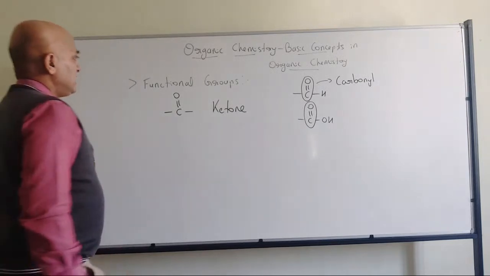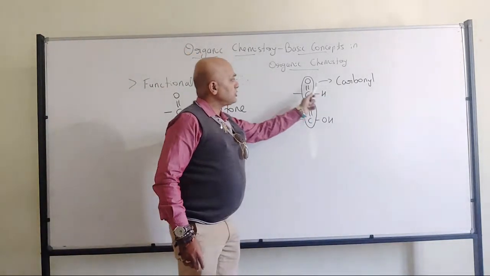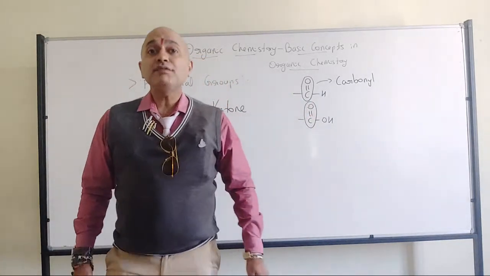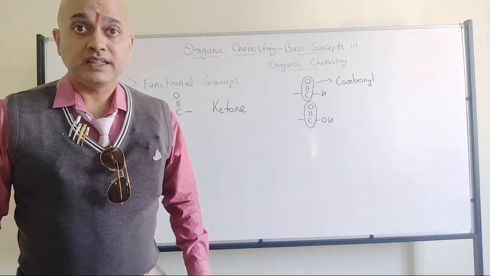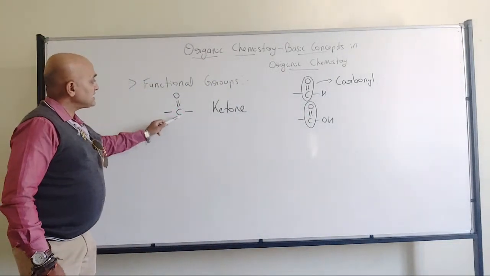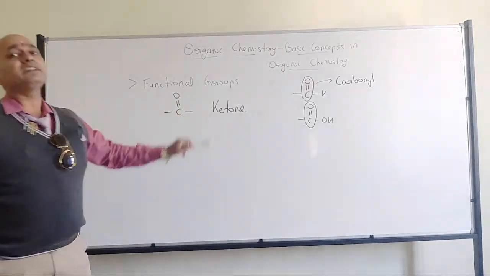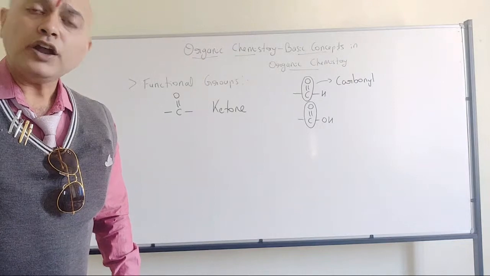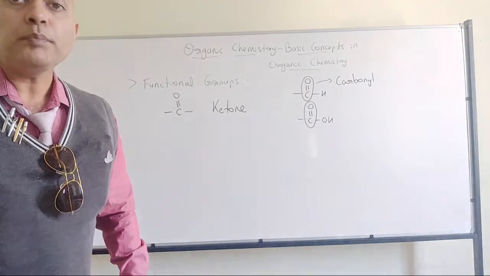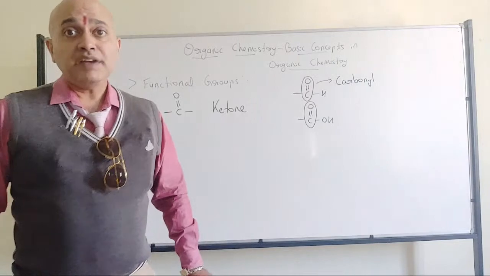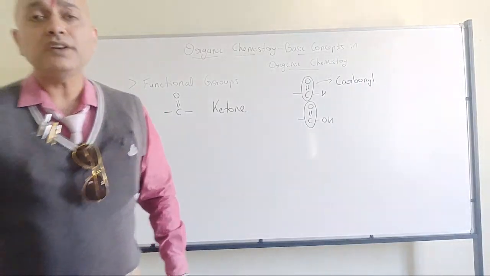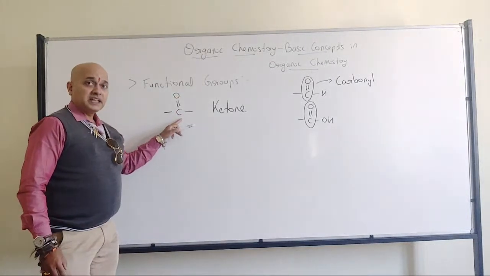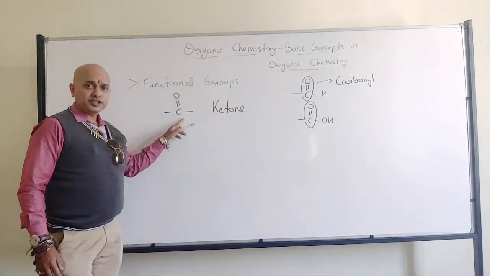Now, I will make it very clear. When this carbonyl group, CO, is part of the structure of any other functional group, then it is called a carbonyl group. When it is the only one acting as a functional group, we will call it the ketone group. When the CO group acts as a functional group and decides the chemical property of that compound, we consider it a ketone functional group.